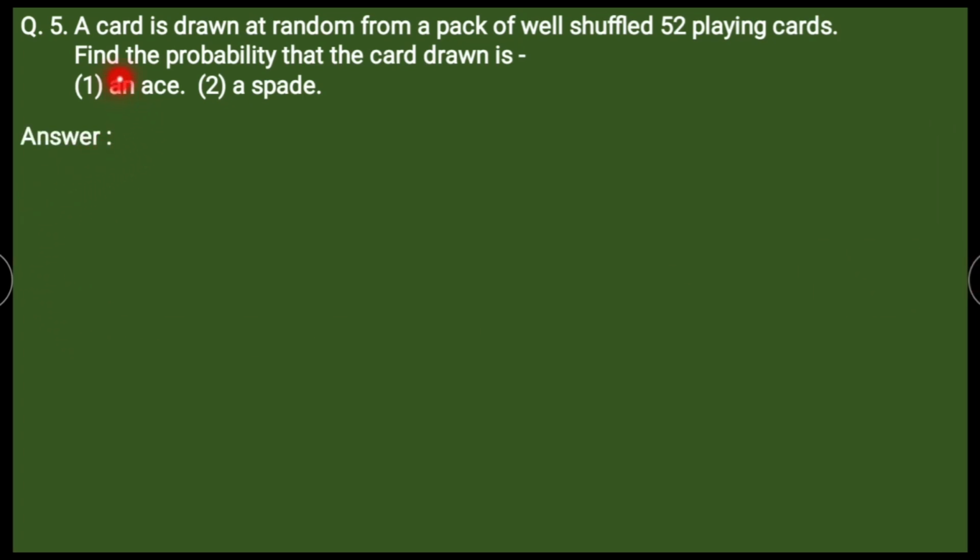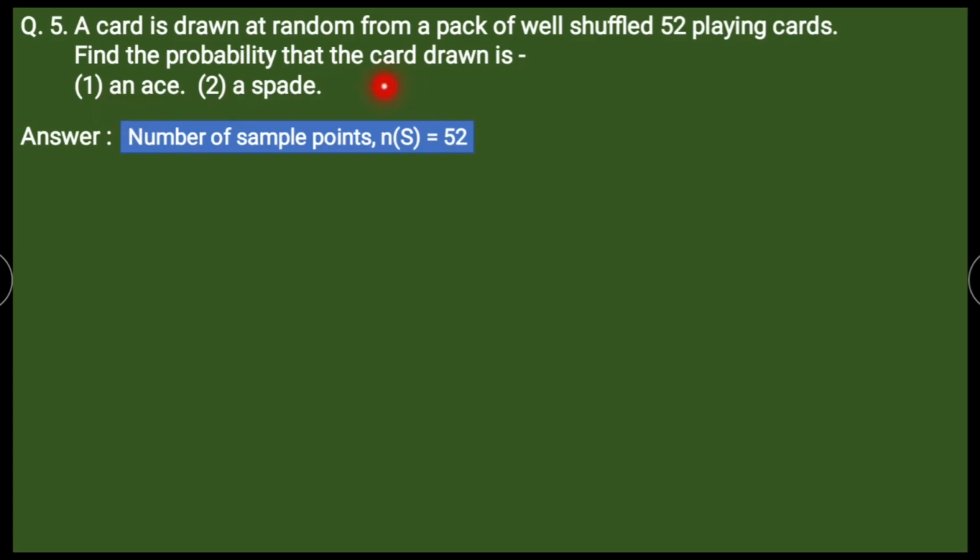So first we write in the sample space the number of sample points n(S) equals 52, because we already discussed the types of cards depending on color and the types of cards depending on suit. So see here, n(S) equals 52.